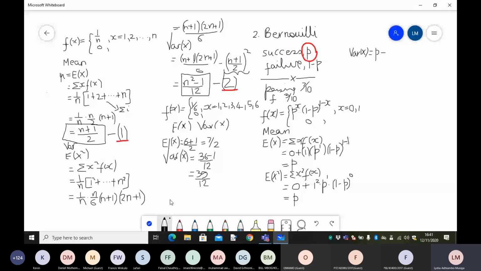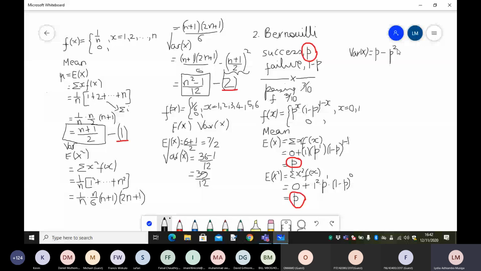So I need to separate the p's. I just circled the two different p's. So expectation of x squared is given by the second p, and expectation of x is given by the first p. And so in calculating variance, this first p will be here and it should be squared, because we know var x is given by expectation of x squared minus expectation of x quantity squared.